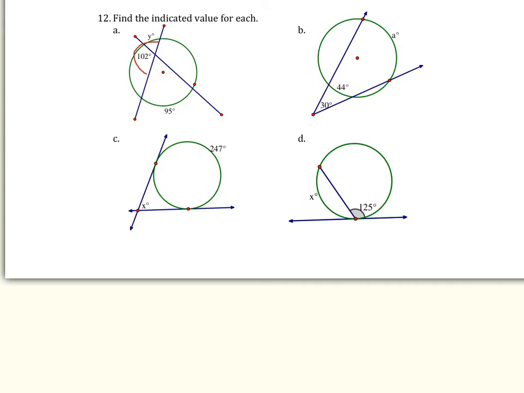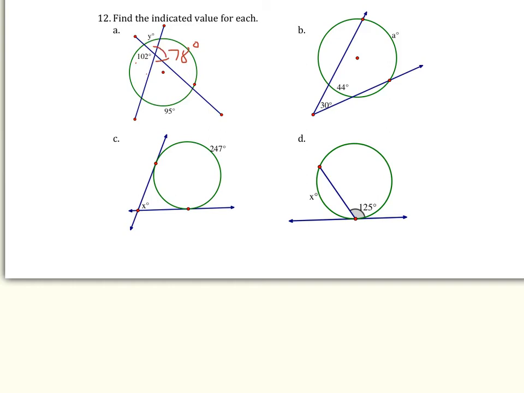So I have a supplementary angle of 102, which means if I take 180 minus 102, I end up getting the angle that I'm looking for to go with y. So this angle right here is going to be 78 degrees. I also know this angle is also 78 degrees.